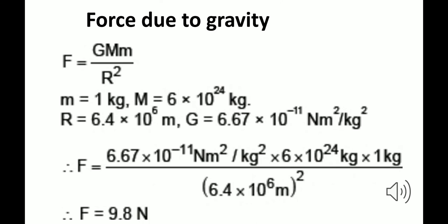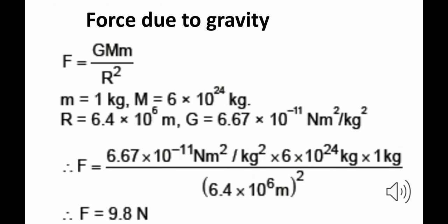Okay, so now we have force due to gravity. What is the force applied by gravity? So let's see. F will have the same formula, F is equal to G m1 m2 by r square. Let's take the mass of the object to be 1 kg, any object which is kept on the surface of earth. Now, capital M, the mass of the earth, let it be 6 into 10 to the power 24 kgs.